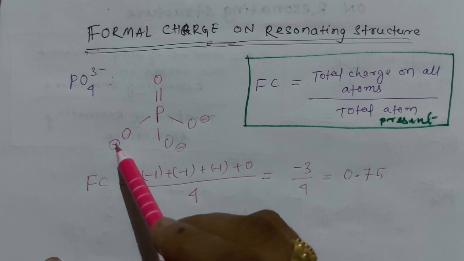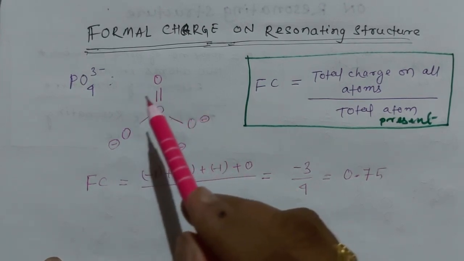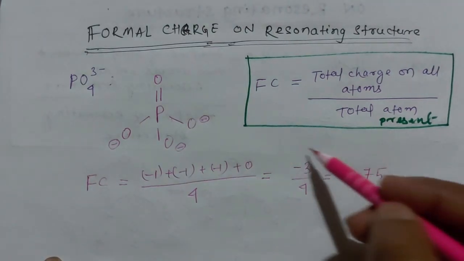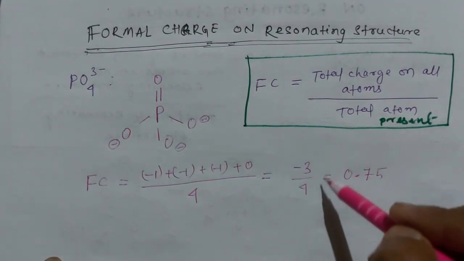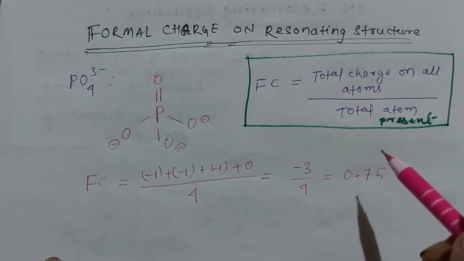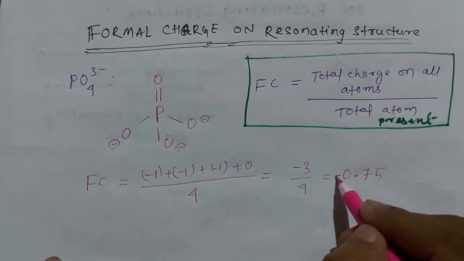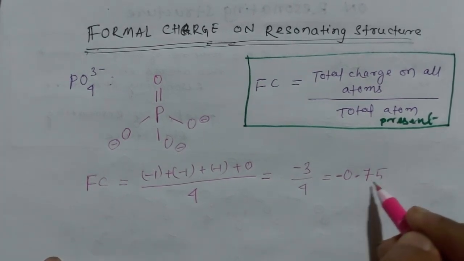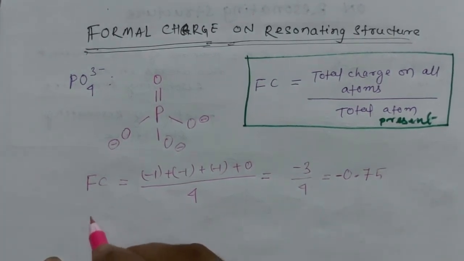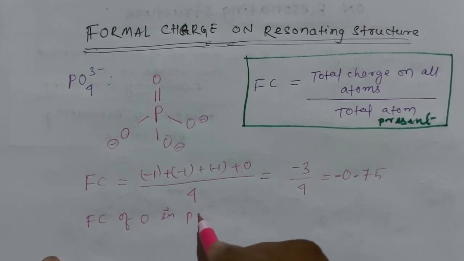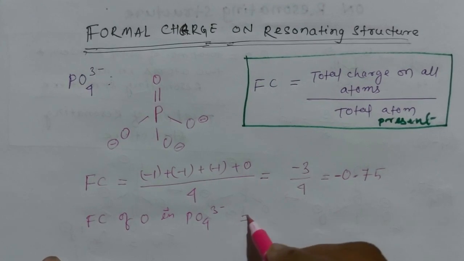This negative charge is dispersed over all 4 oxygen atoms, therefore the formal charge varies. This formal charge is also known as the average charge of the oxygen. So the negative sign is also put here: the formal charge of oxygen in PO4 3 minus is equal to minus 0.75.